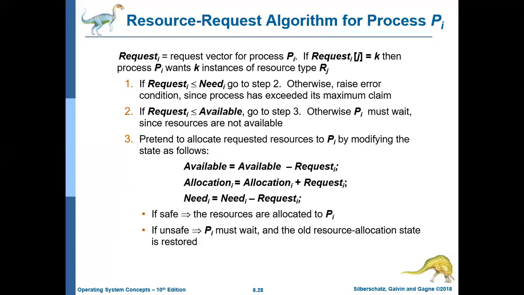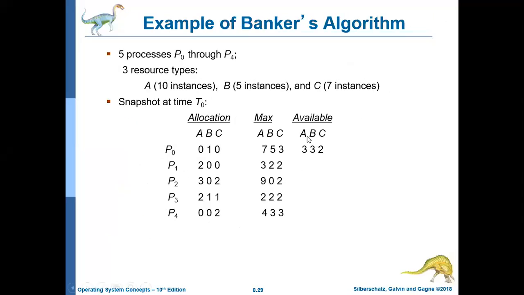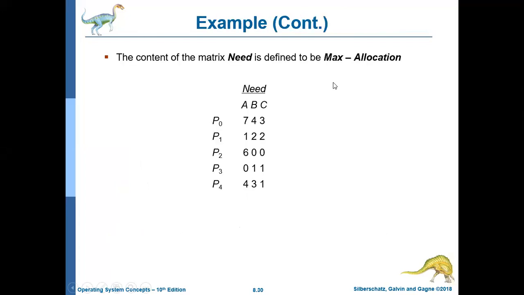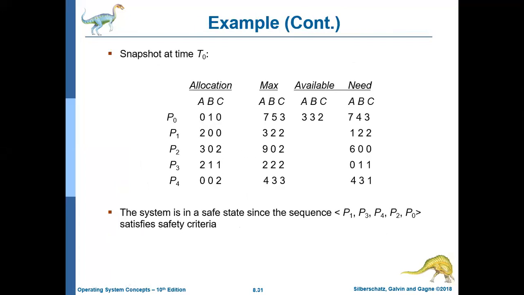10, 5 and 7 were the total resources. Now the order is P1, P3, P4, P2, P naught. This order can be different according to which process you are taking next.